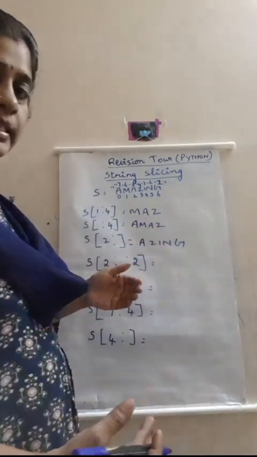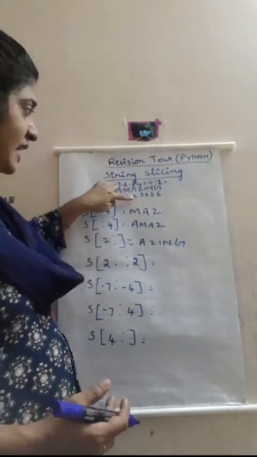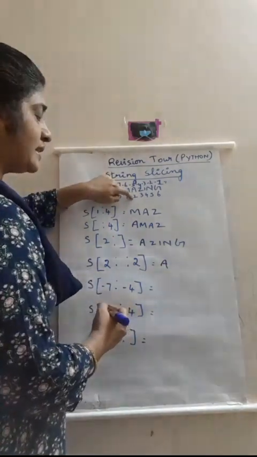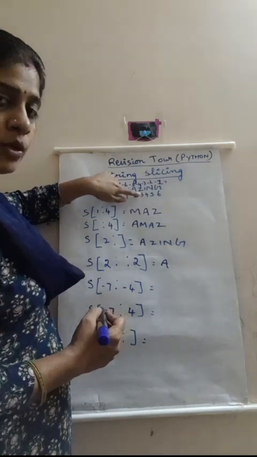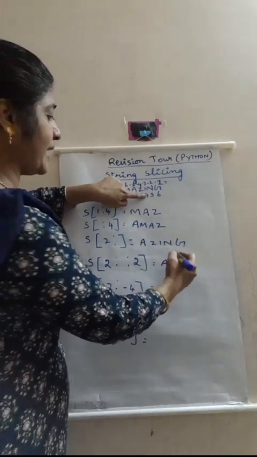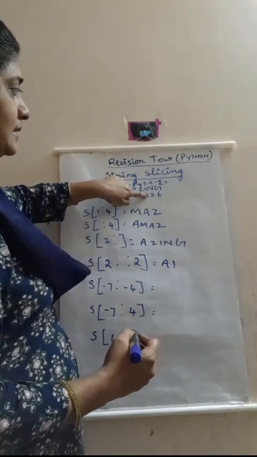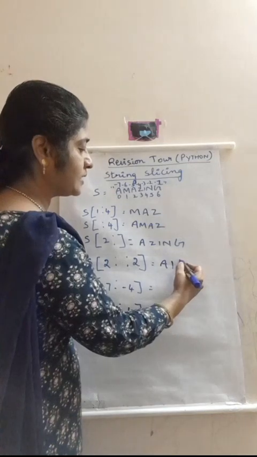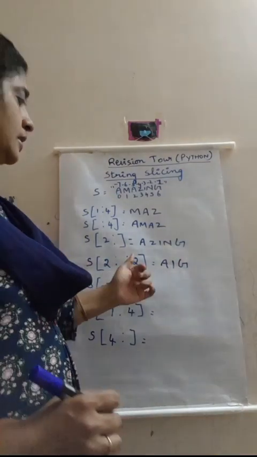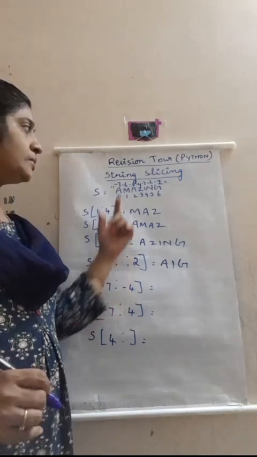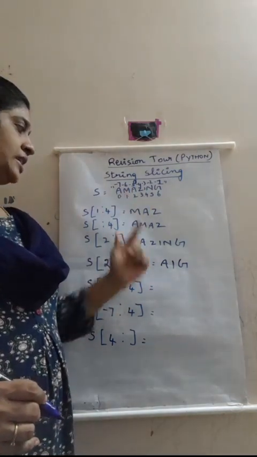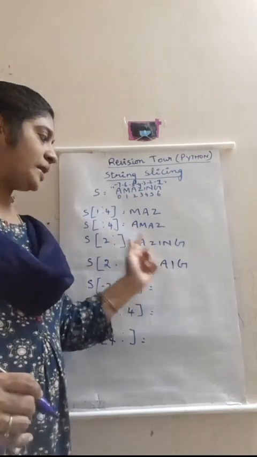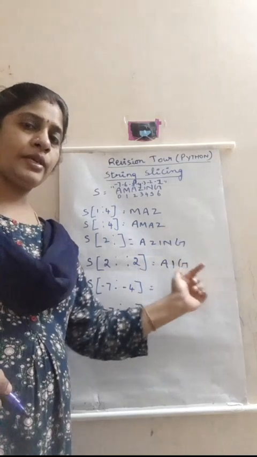If it starts from 2, the first character would be A, and then it will go 1, 2, and the next character will be I. Then next time, step 2, it will jump 2 characters, and it will be G. So it starts from index 2 and gives A, I, G. You have to notice the step here. That's why it is leaving characters; it is jumping 2 characters.